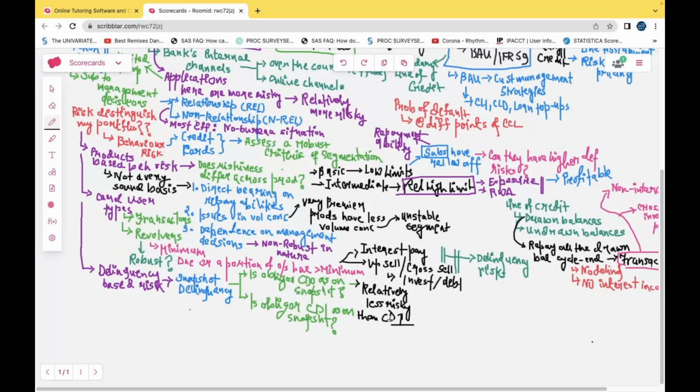If your borrower has been CD1 in any snapshot month in the last 12 months, then he would have relatively higher inherent risk of defaulting compared to borrowers who are non-delinquent today and have remained non-defaulters over the last 12 months.